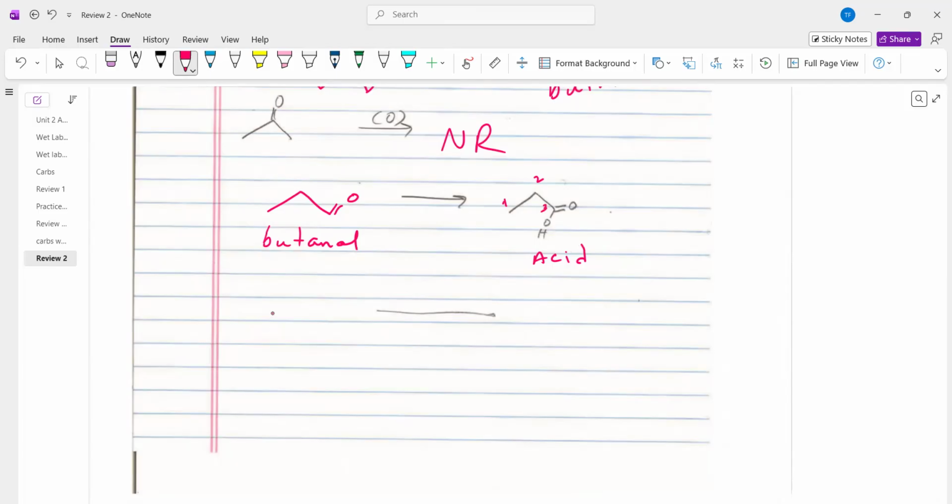Propanol, yes. That's the -al for the aldehyde. Some instructors get upset when they're corrected by students. Oh yes, I'm still human.